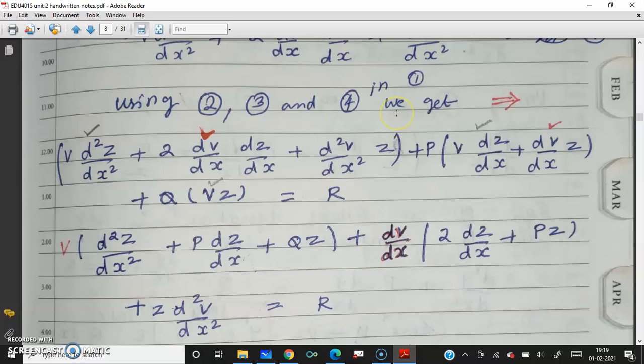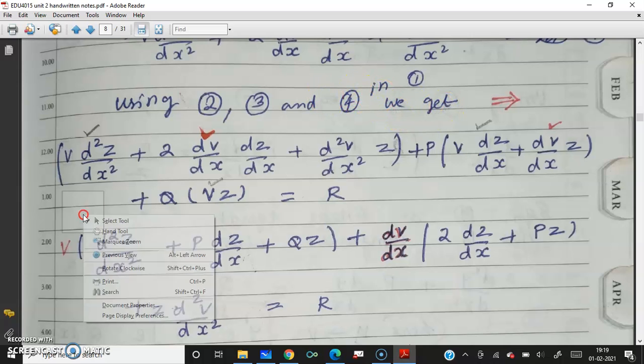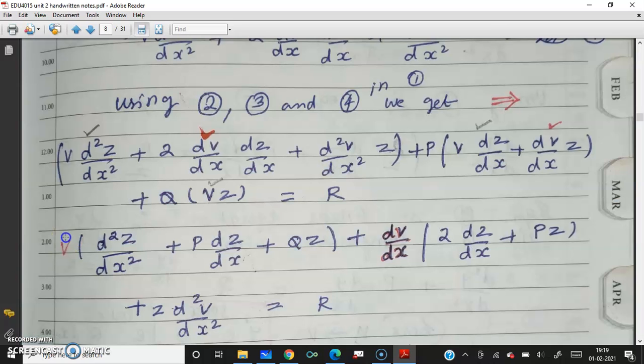It is v d square z by dx square plus 2 dv by dx into dz by dx plus d square v by dx square into z plus p times v dz by dx plus dv by dx into z plus q vz equal to r.